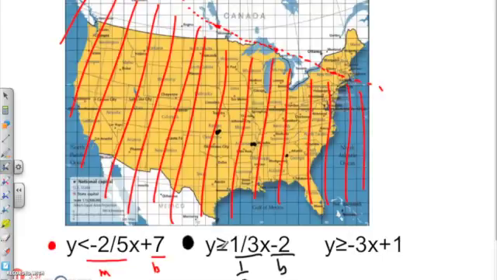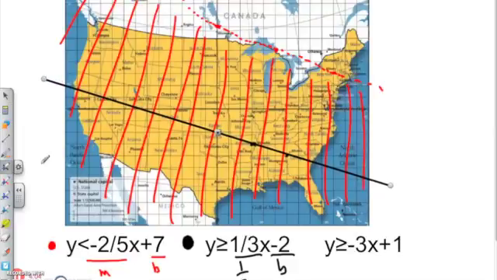Now this time I have the equal to in my sign, so I am going to draw a line that is going to be a solid line. So I'm going to draw that here. I'm going to stretch that line out so that it goes through all three of those points and covers the whole graph.